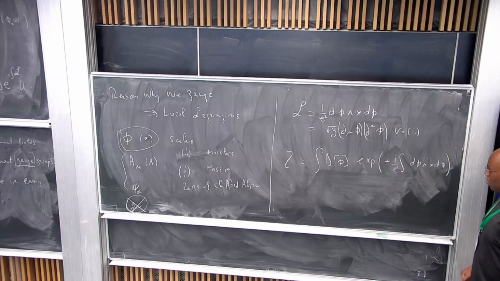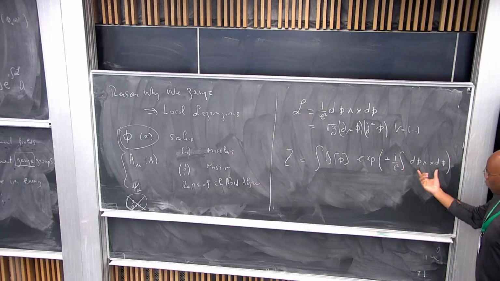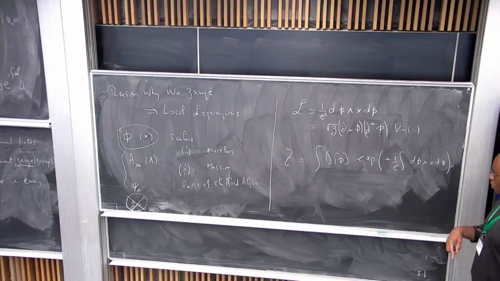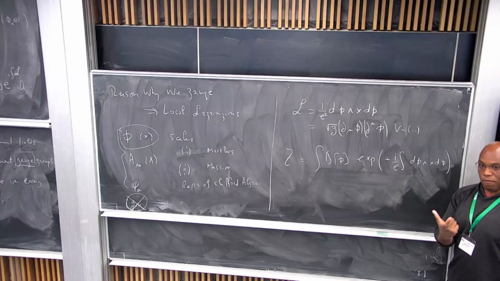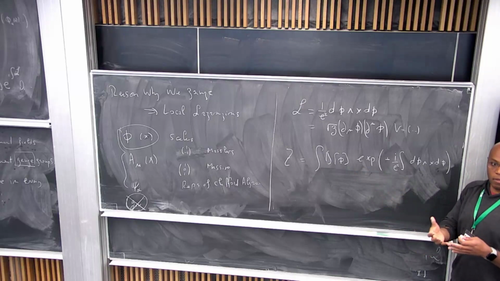We don't need to go into that. But what that Gaussian integral is giving you is a width proportional to e squared, where e squared is the coupling. That width, proportional to e squared, you can think of as the scale of the fluctuations of my field.